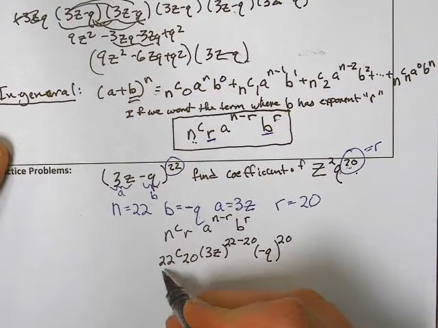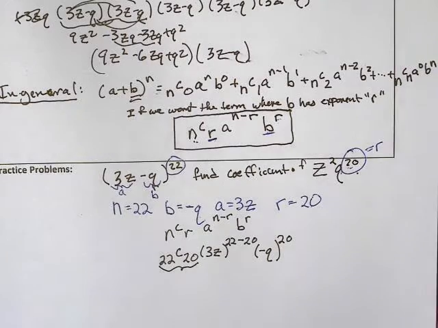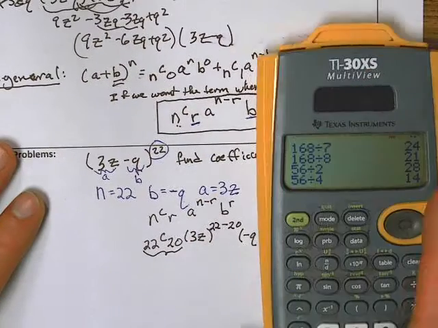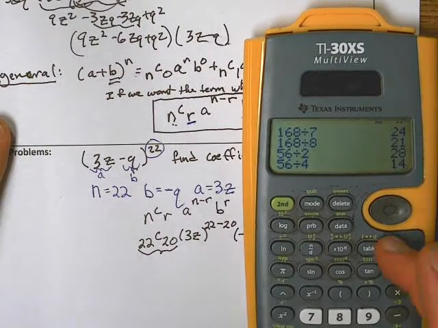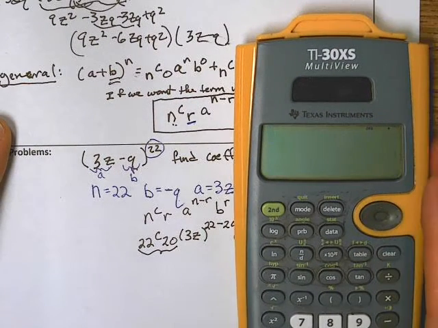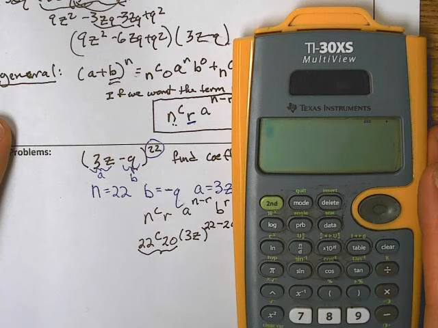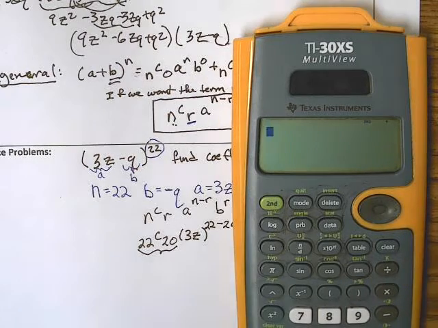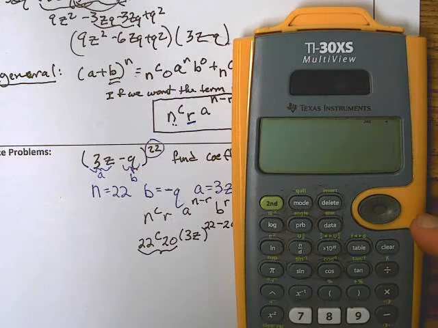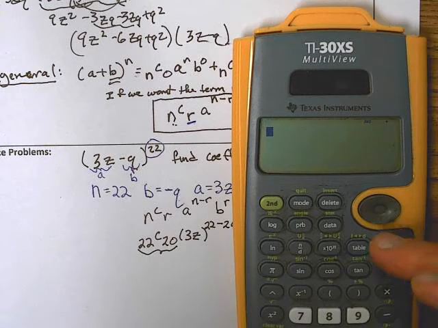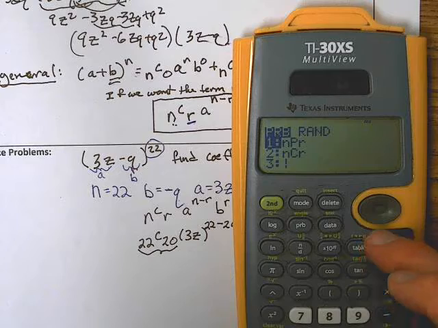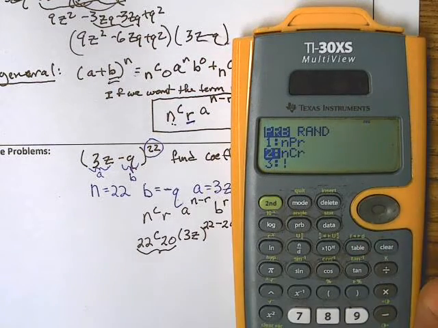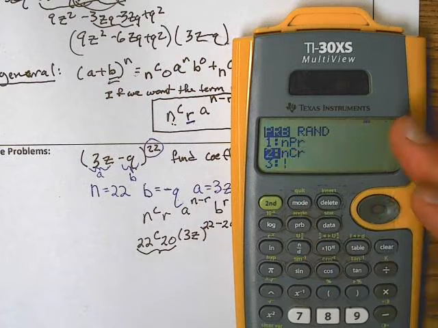Now what's nice is you don't have to do this 22 choose 20 by hand. You're going to have a scientific calculator, and it works the same as this one. What you can do is bring up the n choose r, which on this calculator I believe I have to hit PRB and choose number 2. For you guys, when you bring up that scientific calculator, you'll see just nCr.